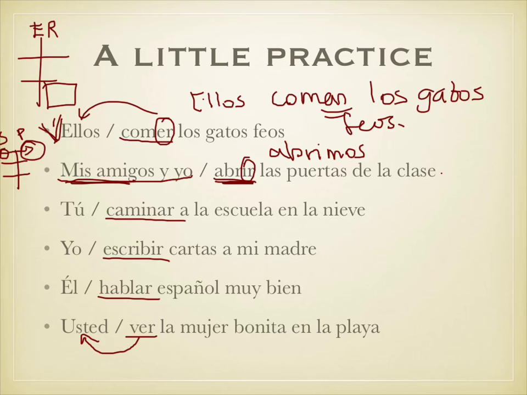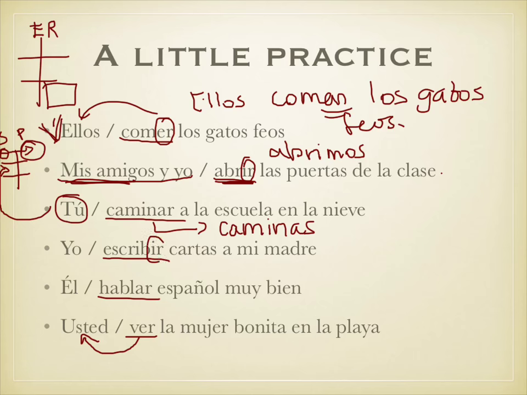Okay, tú caminar a la escuela en la nieve. Okay, so tú caminar. Now, because it's an AR verb, we're going to use the AR verb endings. So we're going to change that to caminas. Because if we remember our chart, that tú was found right here in the second person. Okay? Now, yo escribir cartas a mi madre. Okay?